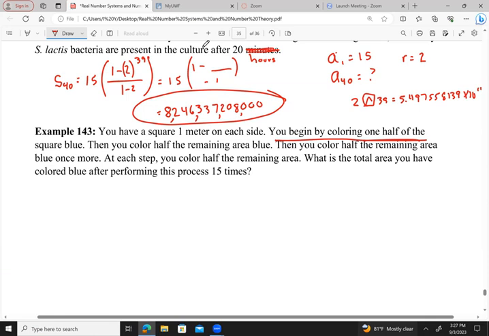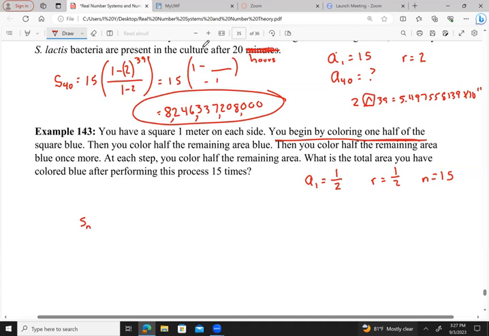You begin by coloring 1/2. So a sub 1 equals half. Have to be careful. It's easy to get stuff mixed up with these. And we already said our rate is 1/2. And we know that n is 15.